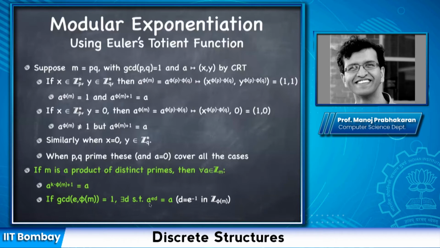So this is something you can do in Zm, for a in Zm, right? So what this is saying is that you can find the eth root. So somebody gives you a to the e, you can uniquely find a by raising it to the power d, where d is of this form. This is saying two things. One is that raising to the power e is a permutation.